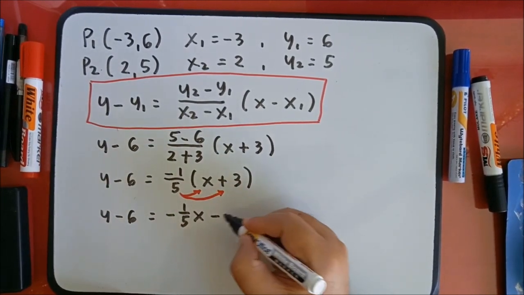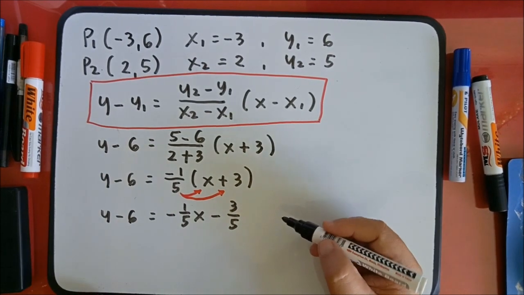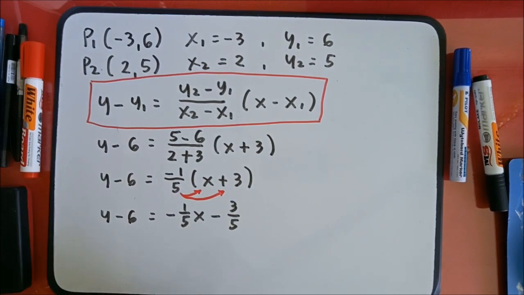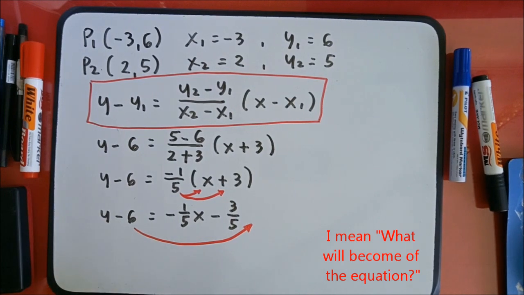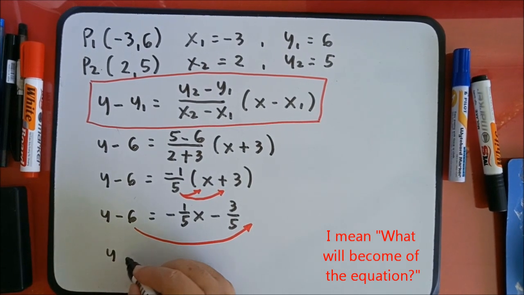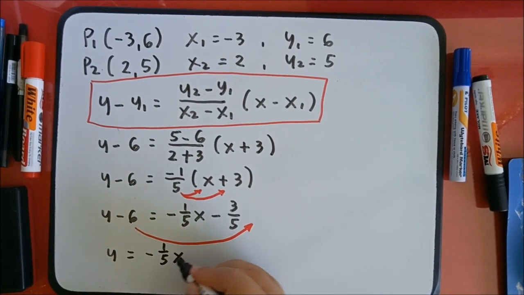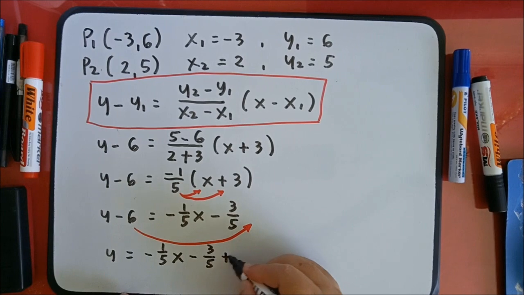Negative times positive will become negative 3/5. Okay, now simplify again. Transpose this negative 6 to the other side of the equation. What will become? Okay, y is equals to negative 1/5 x minus 3/5. This will become positive. Okay, now simplify again.